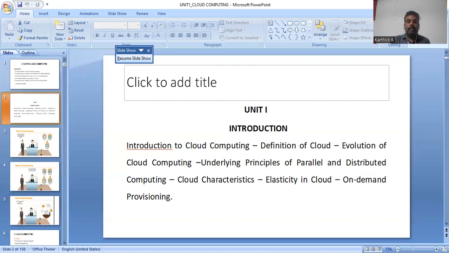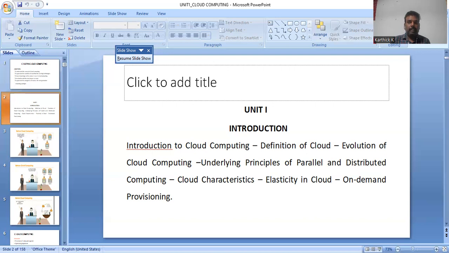So I can access my Indian Bank account through an SBI ATM. That is distributed computing. So your entire cloud computing is based on these two actions: one is parallel computing, another one is distributed computing.